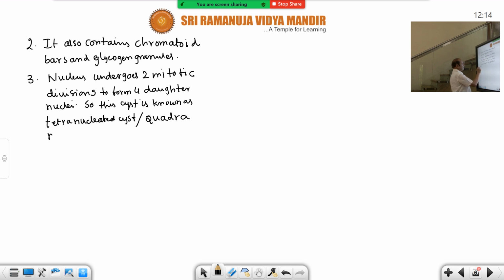All these alternative terms may or may not be given in the book, but you have to take them down. So this is the infective stage of Entamoeba histolytica to man. At this stage only the parasite enters into a new host.